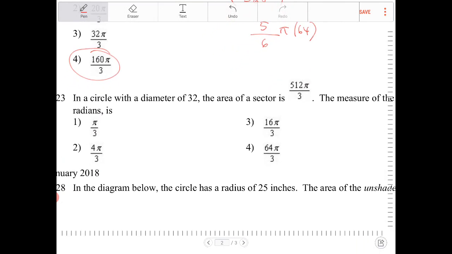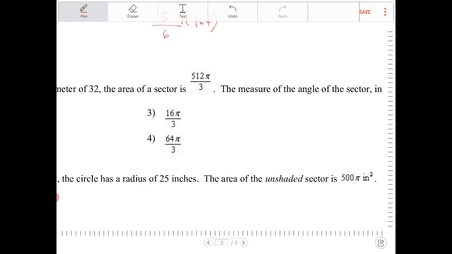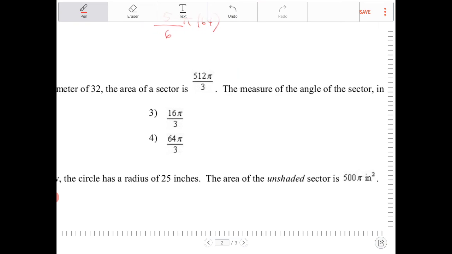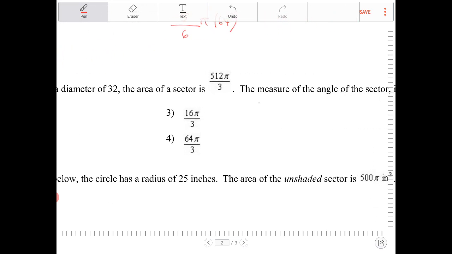Alright. In a circle with a diameter of 32, the area of the sector is 512 pi over 3. The measure of the angle of the sector in radians is, so again, S is equal to theta r. This is a sector, not an arc length.